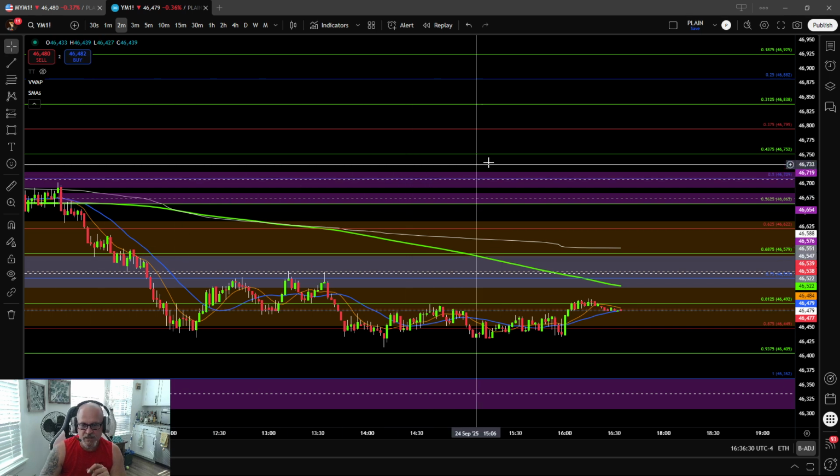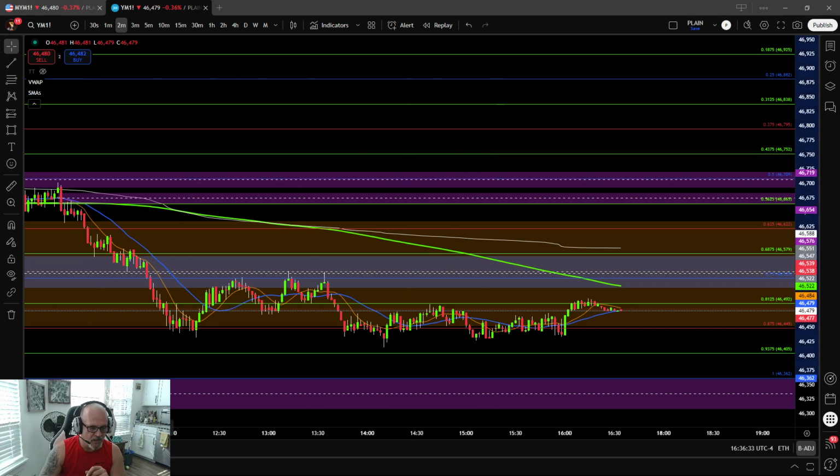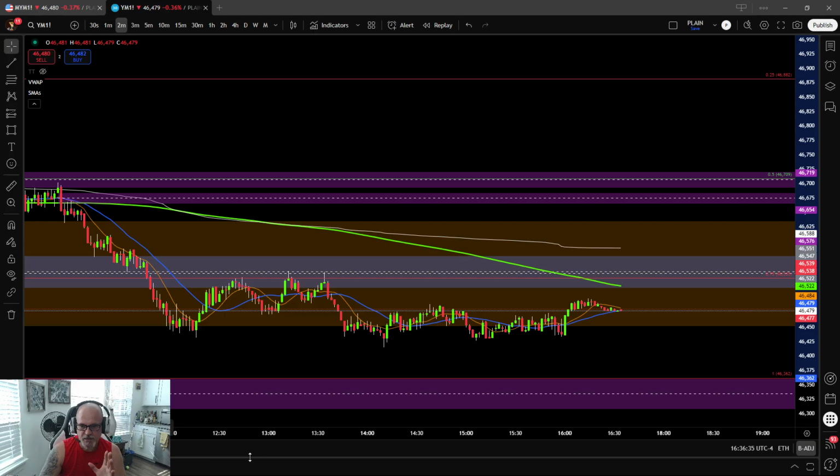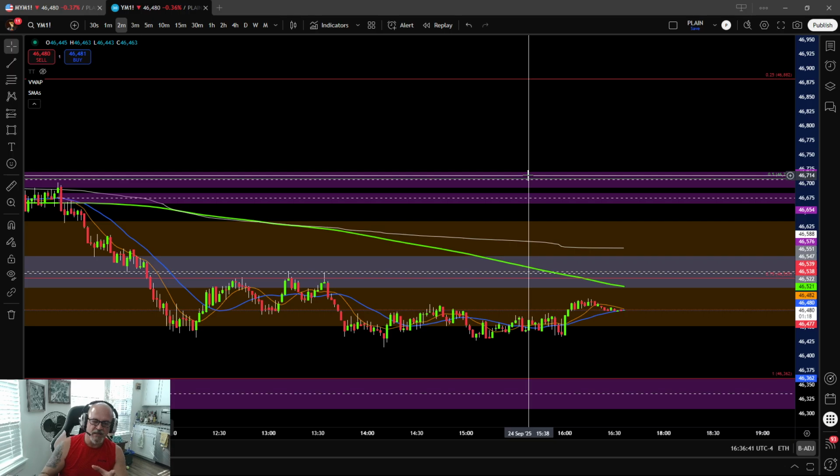Or again, like I said, we can just go back to the quad and just have the major 25% levels on the chart, which is the way I like to look at it. But I do like to see sometimes the 25% and the 50% levels inside of the 4-hour quadrants. So that's what it is. That's how I use it.